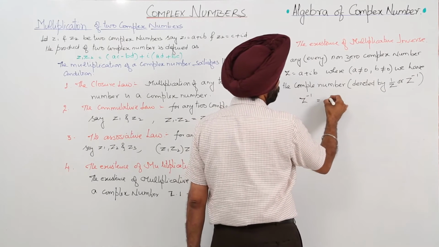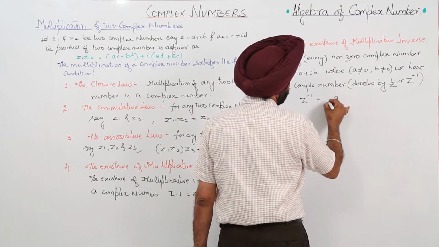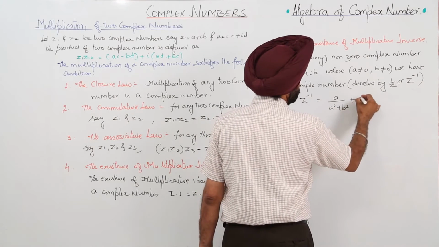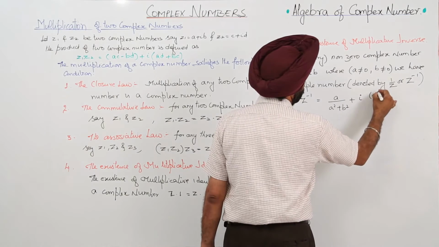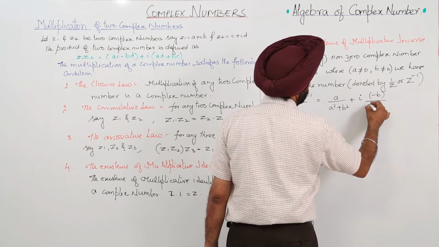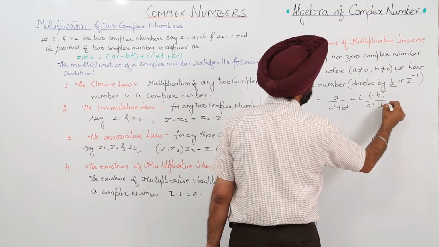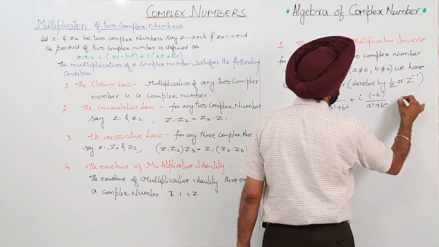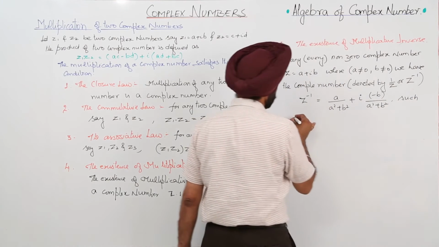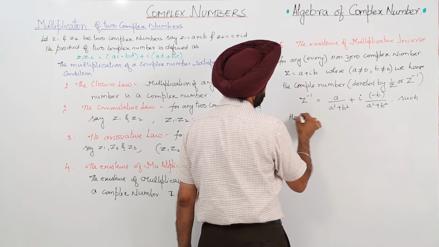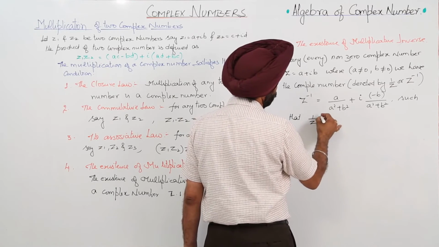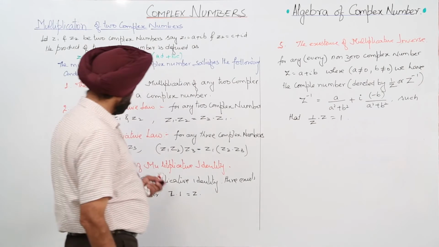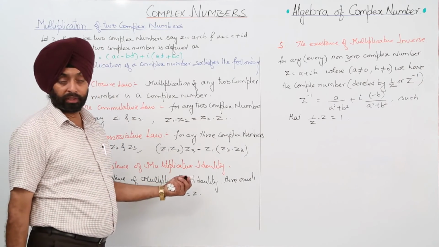Z inverse is equal to A upon A square plus B square plus iota with minus B upon A square plus B square, such that 1 upon Z with Z is always equal to 1. This is the existence of a multiplicative inverse.